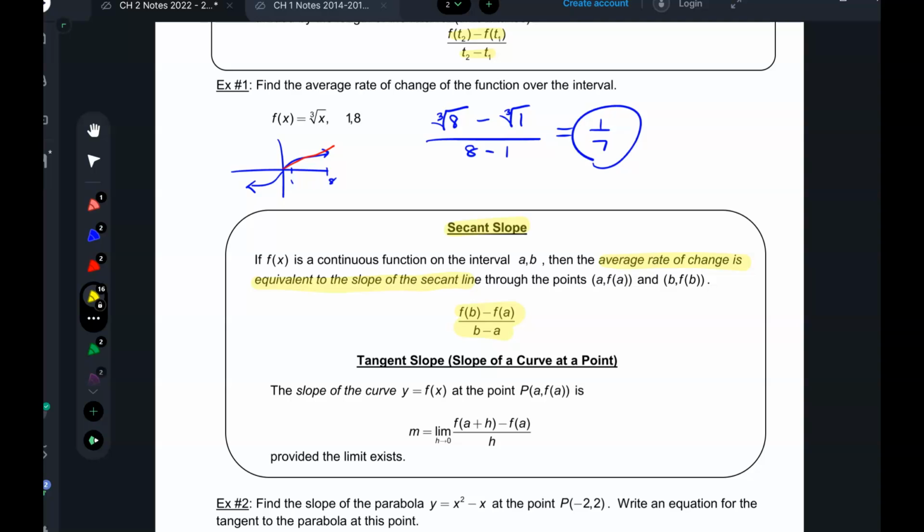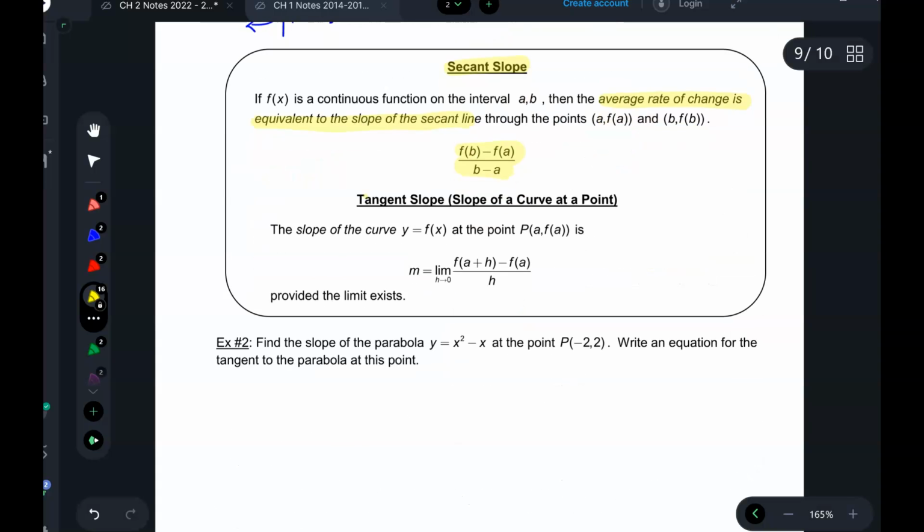Again, that limit gets to be 0, approaching 0. That would be your tangent. The tangent only hits 1 point. Perfect. So here's your tangent slope. If I ask you to find the slope of the curve, that's the same thing as the tangent slope.